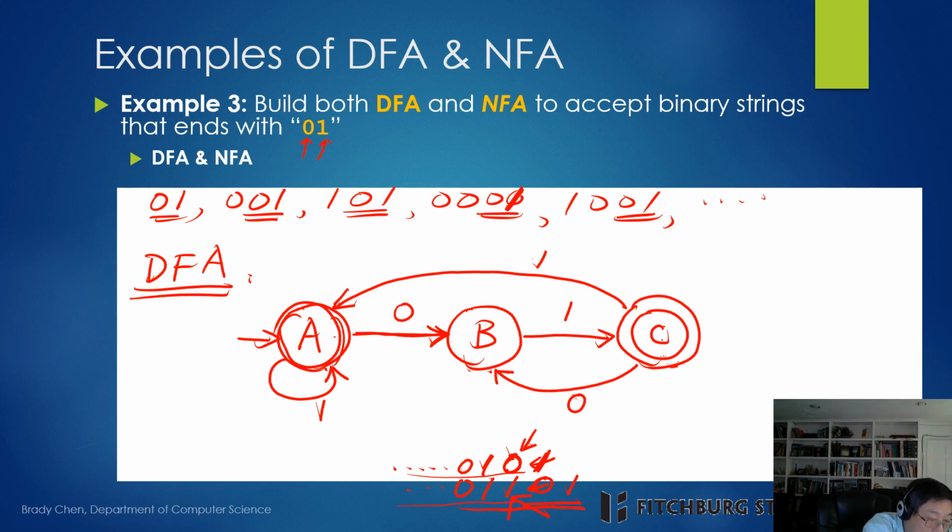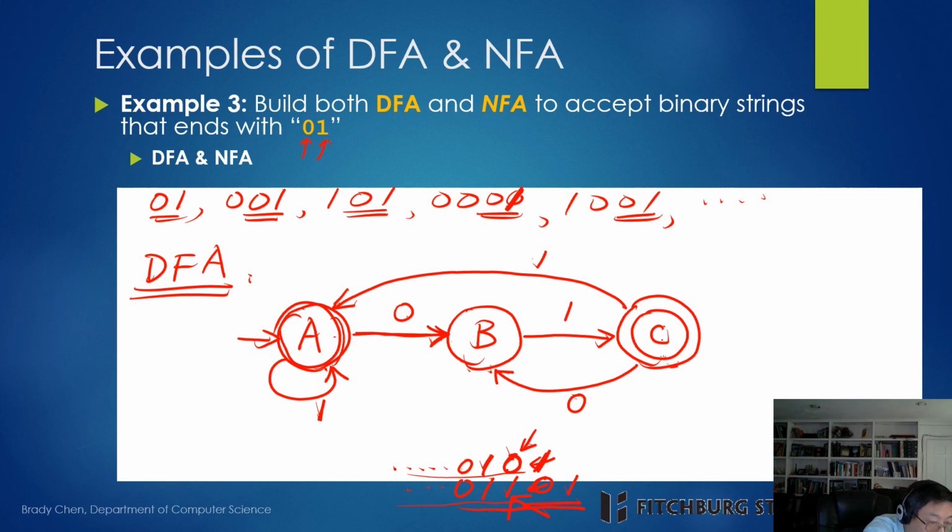But if the input is 1, then we stay in A, so we're waiting for the next input. If the next input is 0, then we go back to B, and if the next input is 1, we go back to C, right? So we just actually defined all the states for the current state A. Okay.